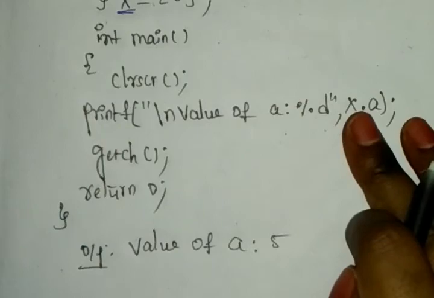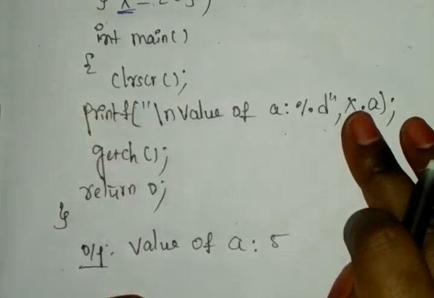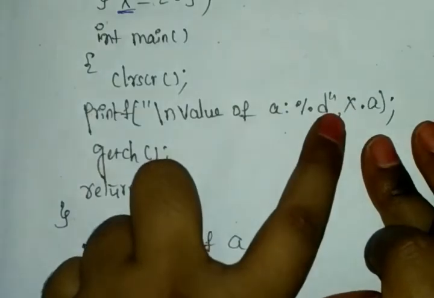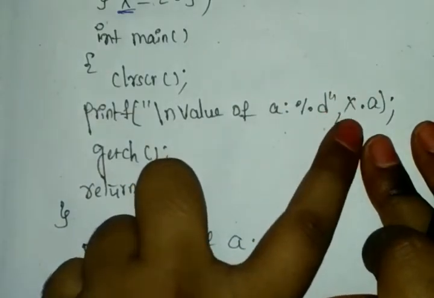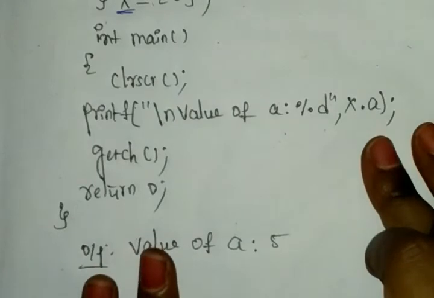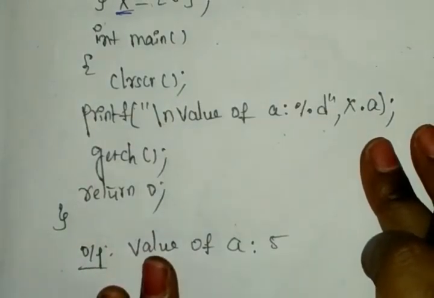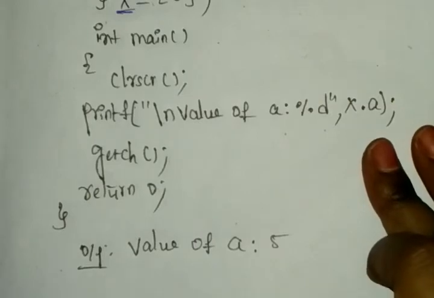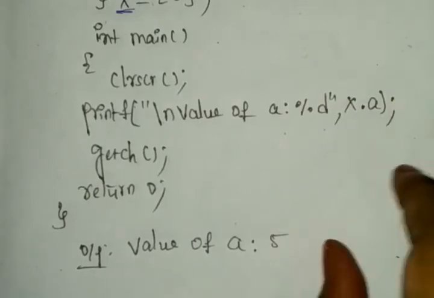So the member is a and x is the variable. With the dot operator, we performed the initialization for the union. And next we have the accessing of the unions. Let's see how we can access the union members.